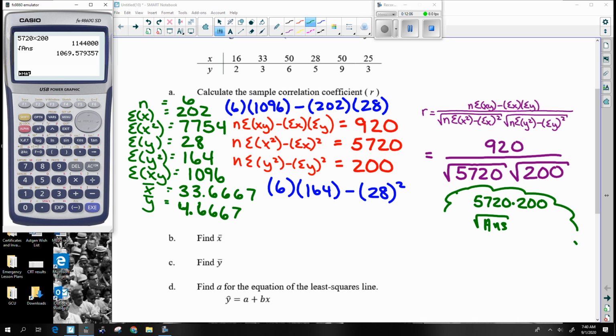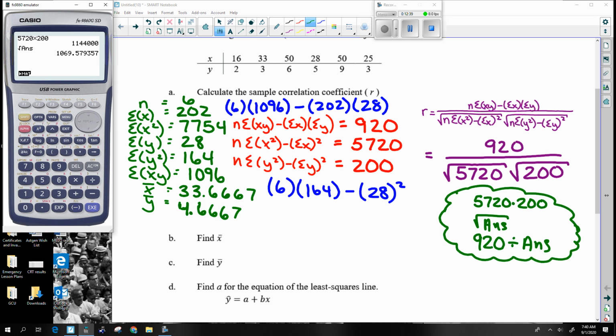That is this entire bottom piece. All that's left now is to take the numerator and divide by the denominator, which in this case is the answer. So that's my process. It's really easy to mess up that bottom piece. So again, I get the denominator, 5720 times 200, just straight up multiply the numbers, and take the square root of that.